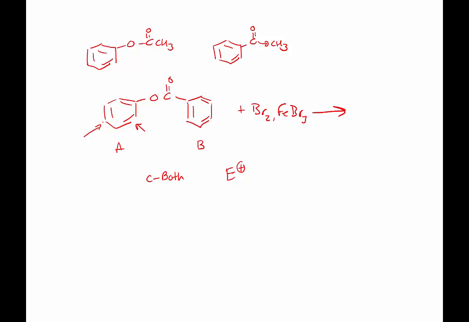Does that have anything to do with resonance stability too, or not really? Maybe a little bit, because after it adds, it's the resonance hybrid of that carbocation. And so if it adds to A, that intermediate's going to be more stable than adding to B.